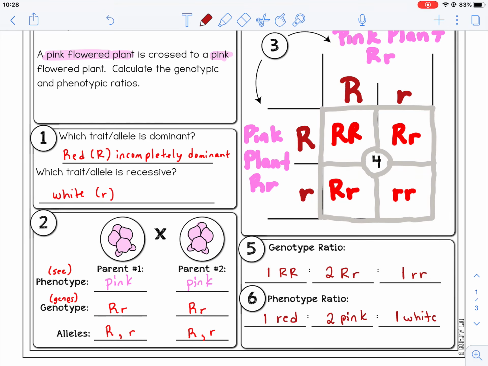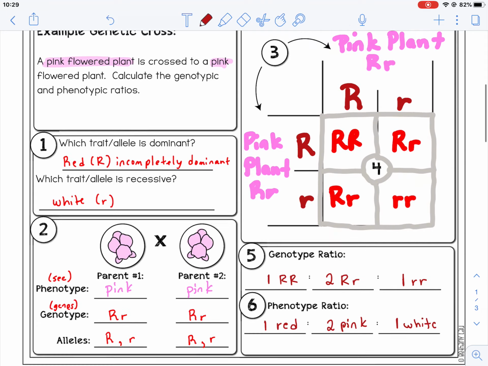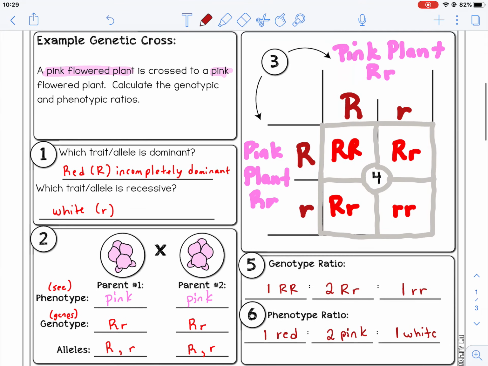So that's our expected ratios. Now remember, these are just probability, but it's expected that if you crossed a pink plant with another pink plant, 25% of the offspring would be red, 25% of the offspring would be white, and 50% of the offspring would be pink.